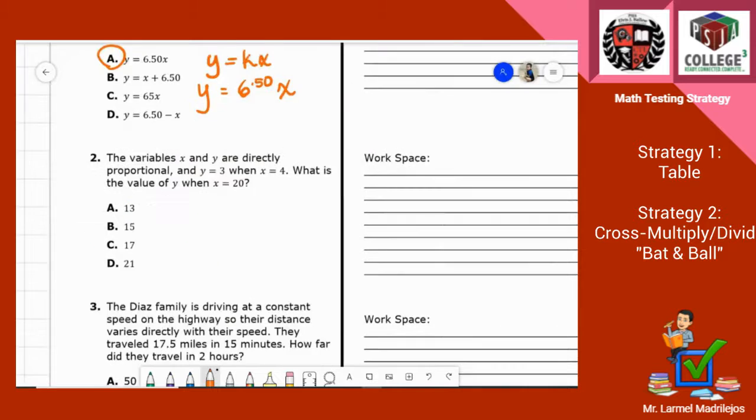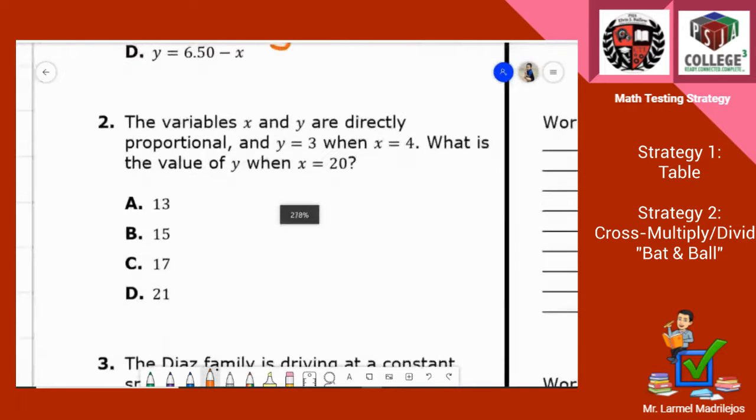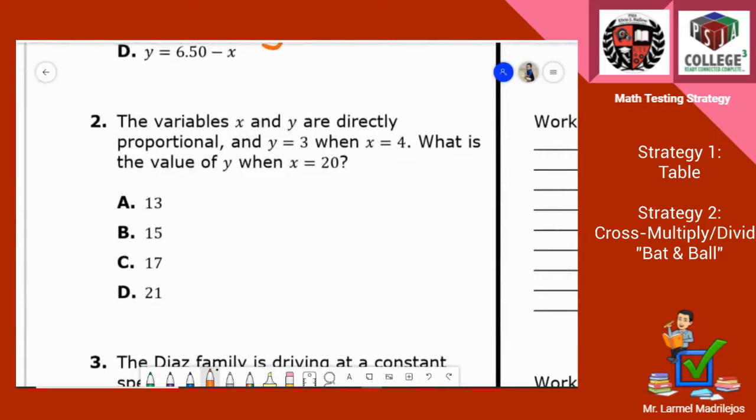Next problem. The first statement, the variables X and Y are directly proportional. I'm going to stop there. I need to get all information. I mentioned this earlier, you're going to draw a table.